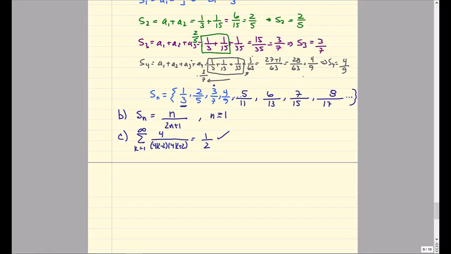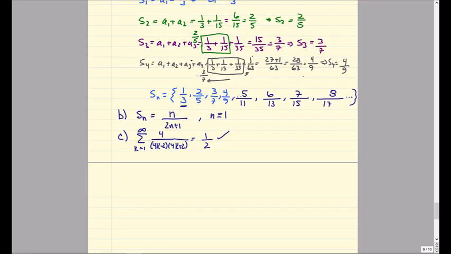This would be 0.3 repeating, 0.4, 0.3 divided by 7. I have to check that one. 0.42857. You'd look at all these fractions. 4/9 is getting very, very close to 1/2. You'd see all these decimals getting closer and closer to 1/2. So it is converging to 1/2, and that's giving me the value of the infinite series.